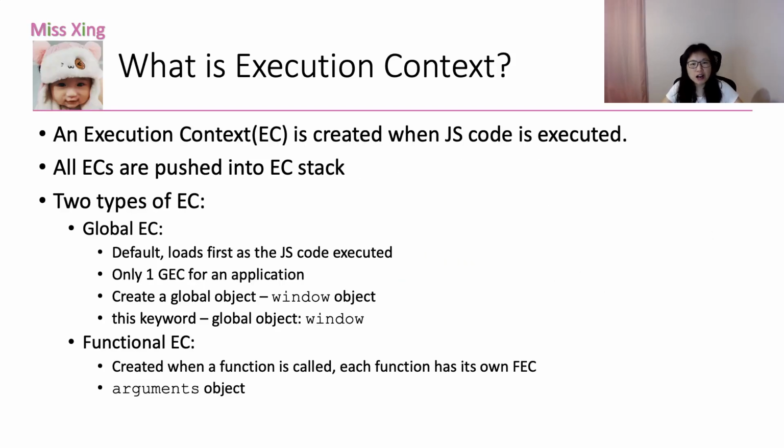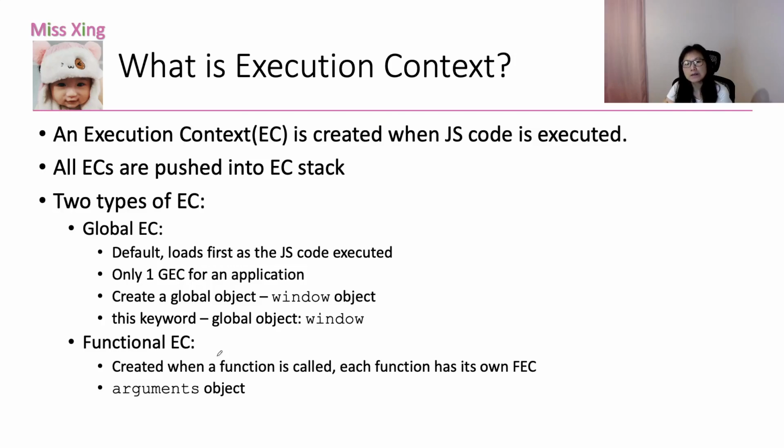An execution context is created when your JavaScript code is executed, and you cannot see them. We're just using execution context and all the things we cover today in this video to explain, theoretically, how JavaScript works.